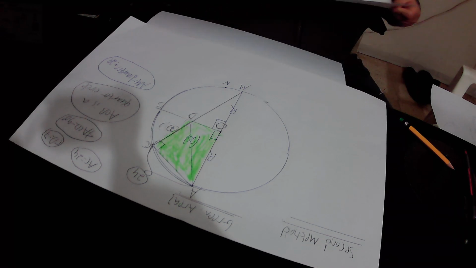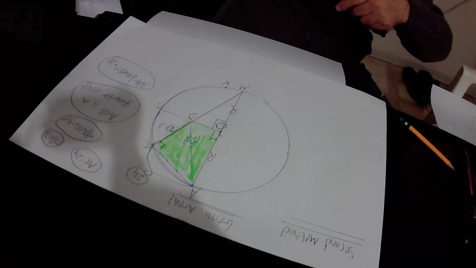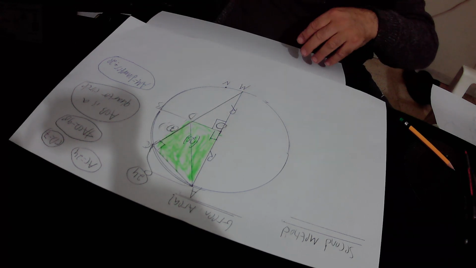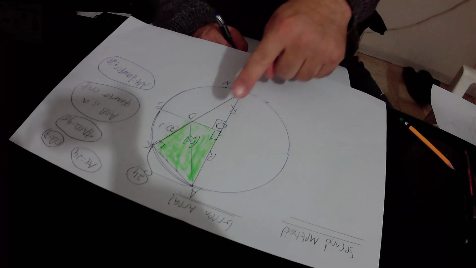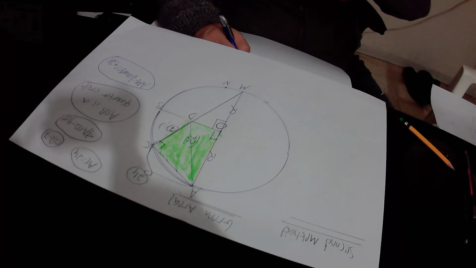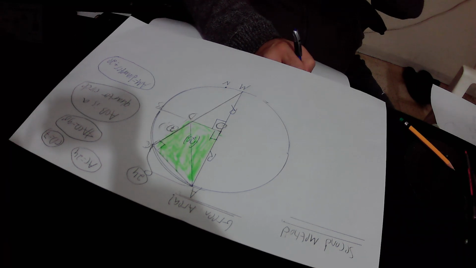And from the fact that those two right triangles are congruent, we will derive that side AD in the green triangle equals side DM in the white triangle.